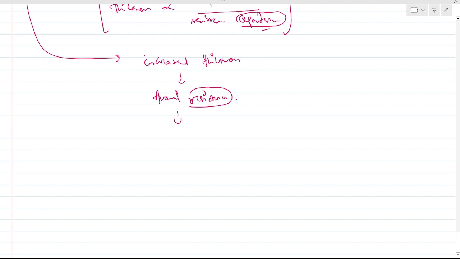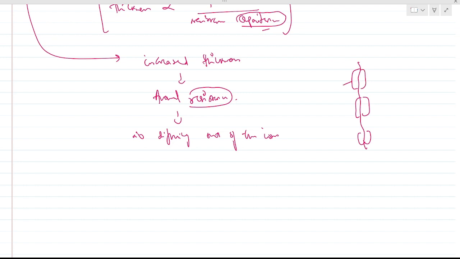So there will be no diffusing out of the ions. This is the axon. This is the myelin layer that is developed. This will not allow the diffusing out of the ions. The ions will not diffuse out of here.